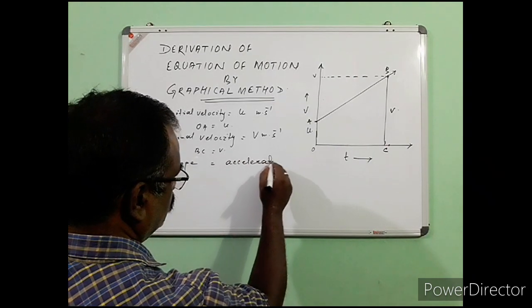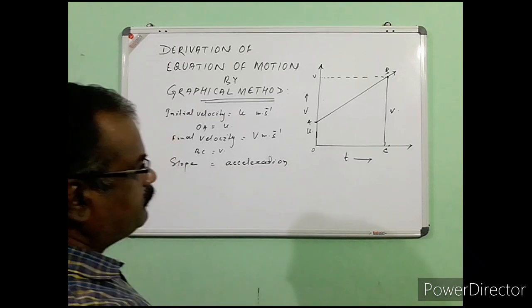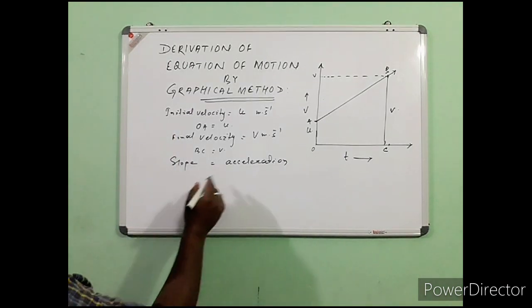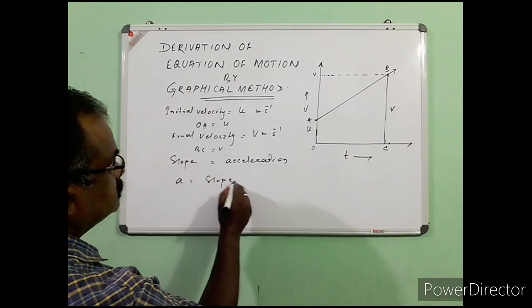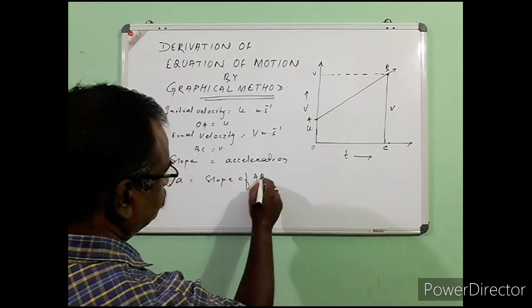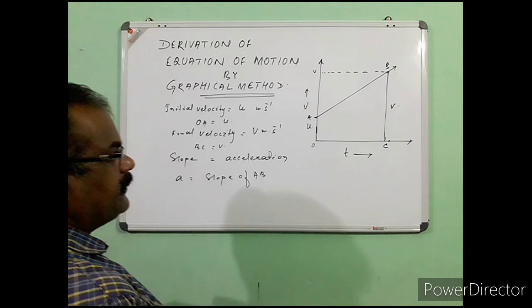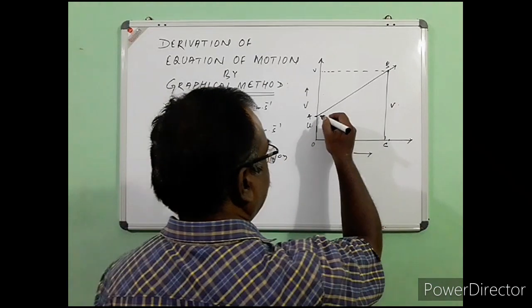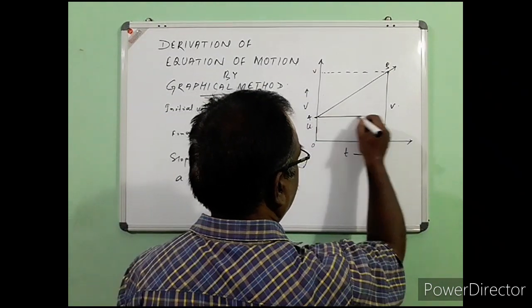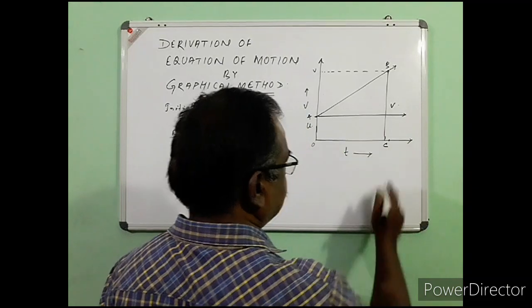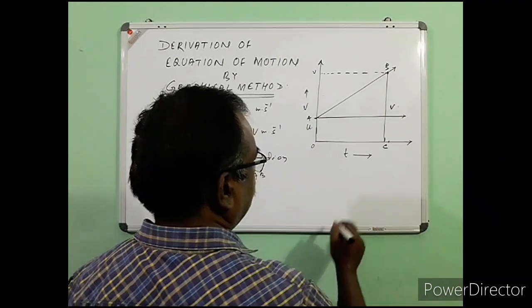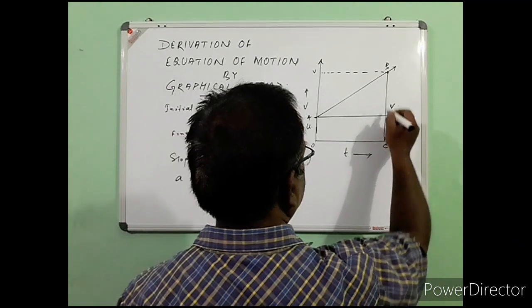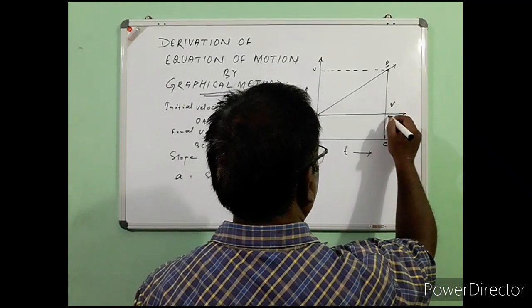So from this graph, acceleration is equal to the slope of AB. To get the slope of AB, we draw a line parallel to the time axis, which intersects BC at point D.